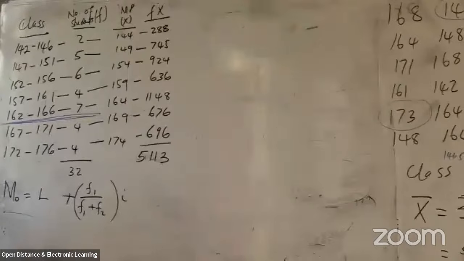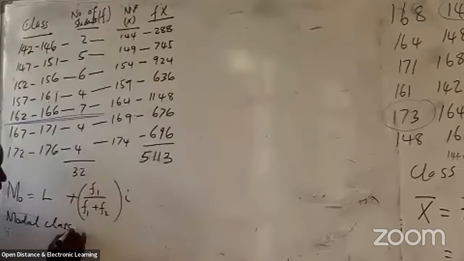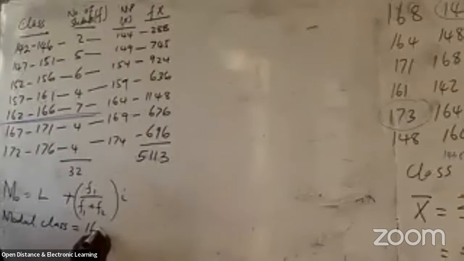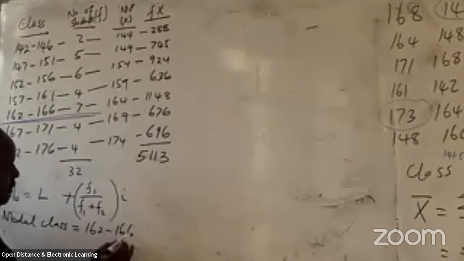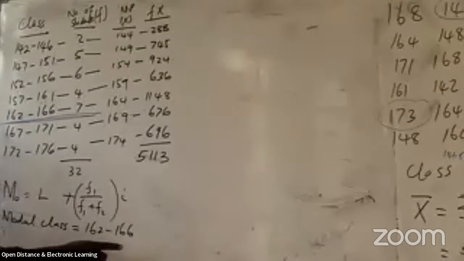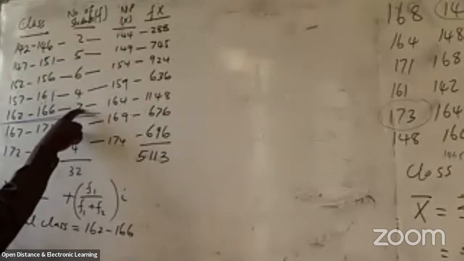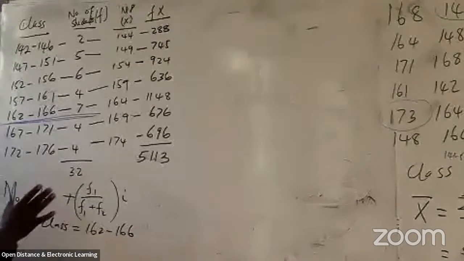And therefore, our modal class is 162 to 166, with a frequency of 7. We are now able to substitute.